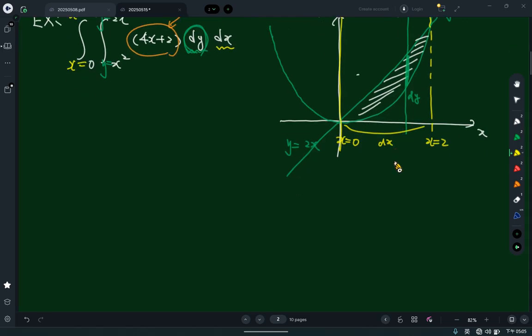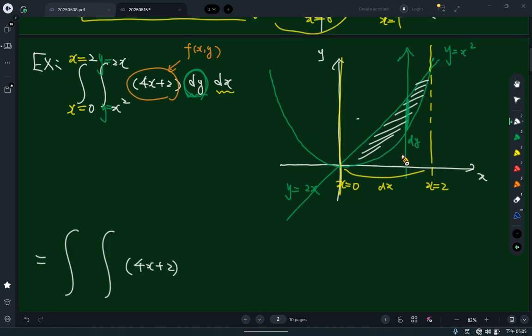Now, if we want to change the order, the function is still 4x plus 2, still the same, but this time we will go for dx, then dy, right?